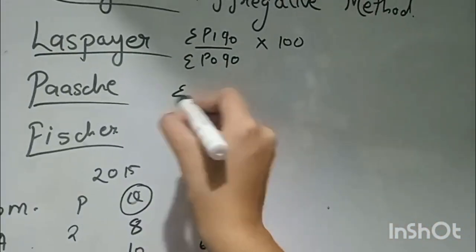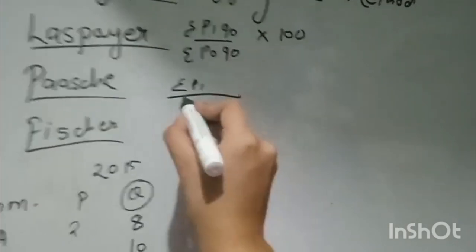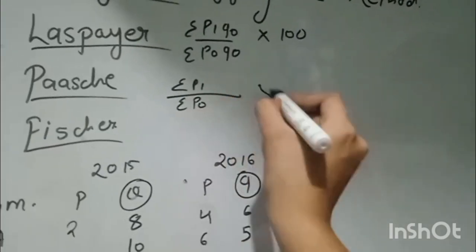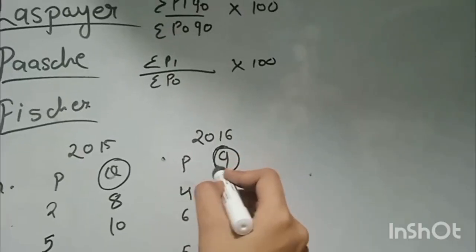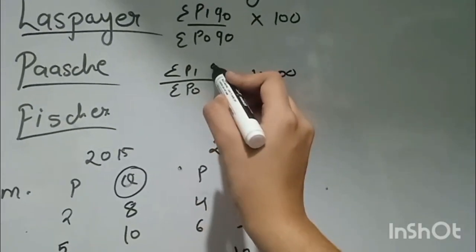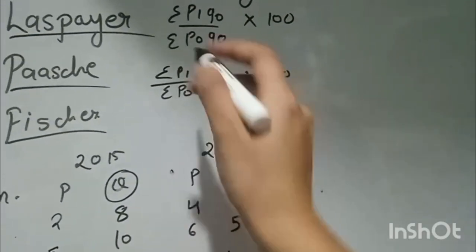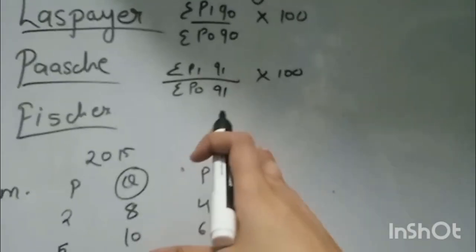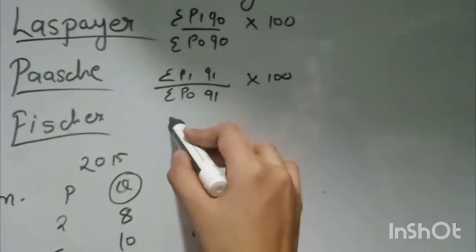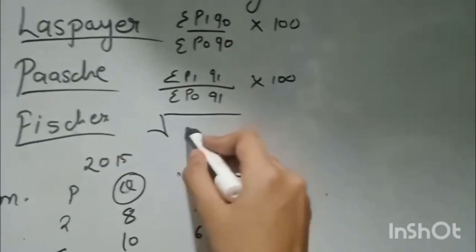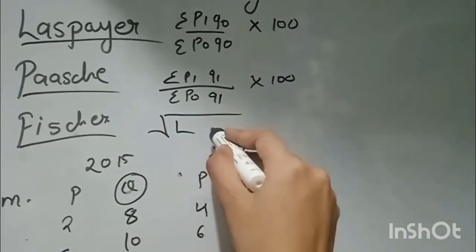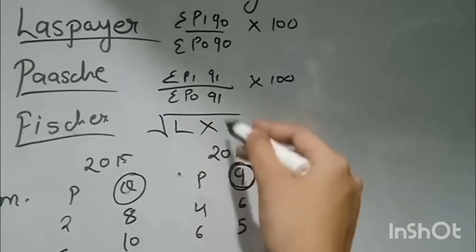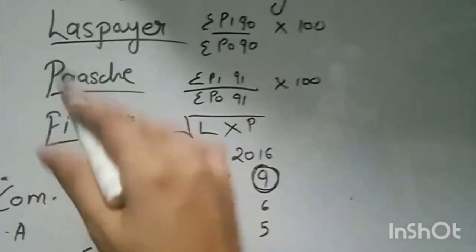Now, for Paasche, write the same formula into 100. He gave the quantity of the current year the weight. And Paasche simply said, multiply Laspeyres' formula and Paasche's formula, and you will get my index number.